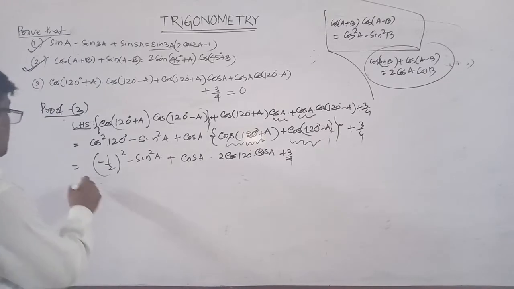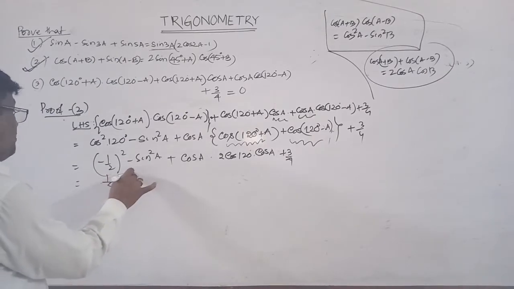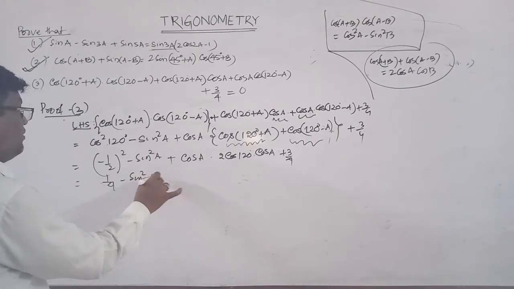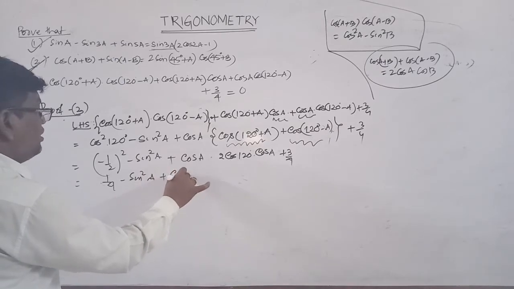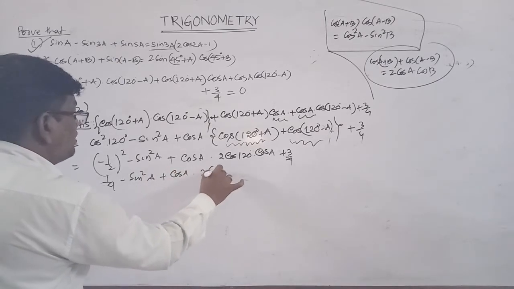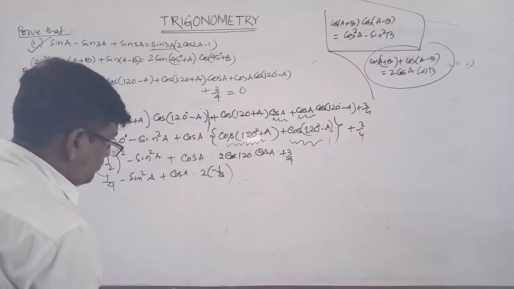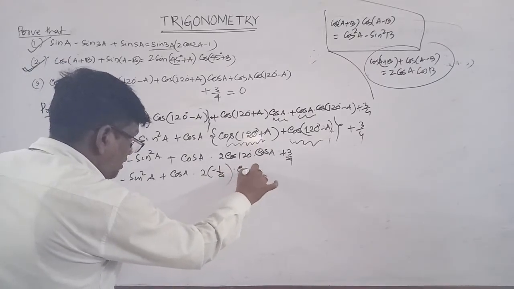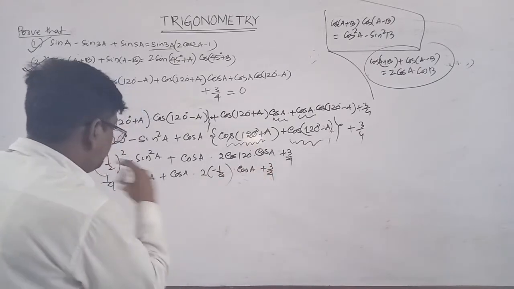So this is equal to 1/4 minus sin² A plus cos A into 2 cos 120°, means −1/2, into cos A, plus 3/4.